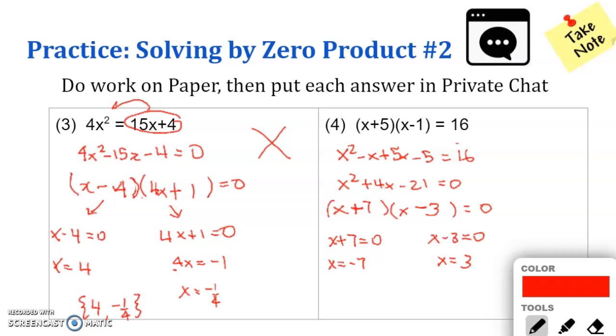So negative 7 plus 5 is going to be negative 2. Negative 7 minus 1 is going to be negative 8. Negative 2 times negative 8 is going to be positive 16, and so on. Okay, so my two solutions are negative 7 and 3.